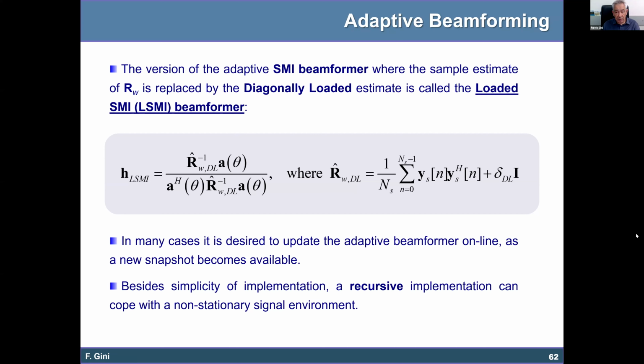So for example, if you apply diagonal loading to the SMI beamformer, what you get is the so-called loaded sample matrix inversion beamformer. It is denoted by the acronym LSMI beamformer. The letter L refers to the fact that we are resorting to the diagonal loading technique.